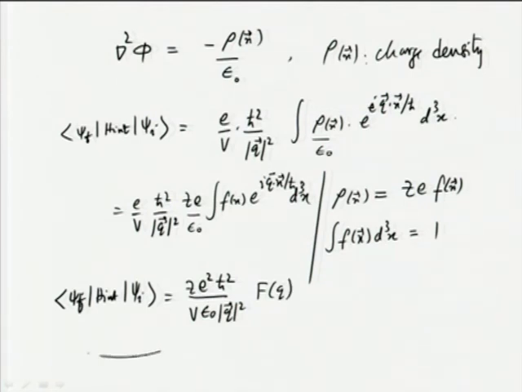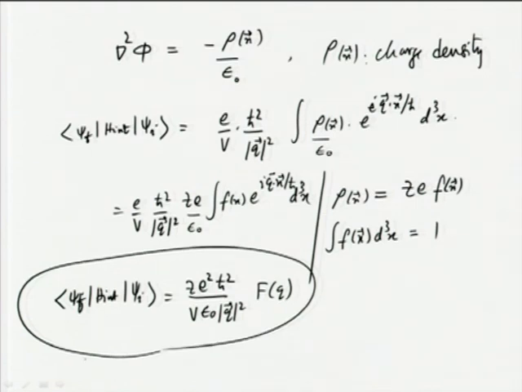And this F(q) is called the form factor, or basically this is the Fourier transform of small f(x), which is the spatial distribution of the charge density. And look at the form factor.